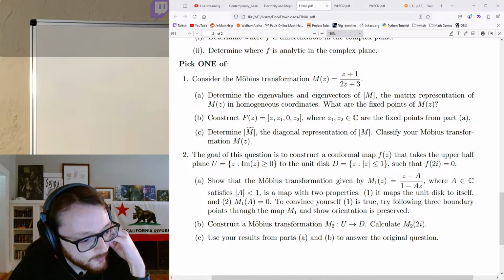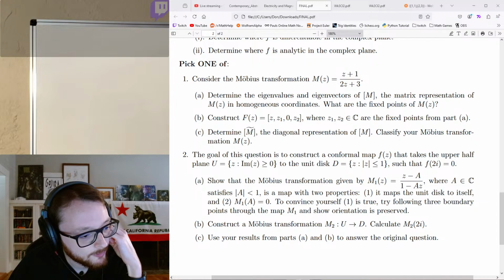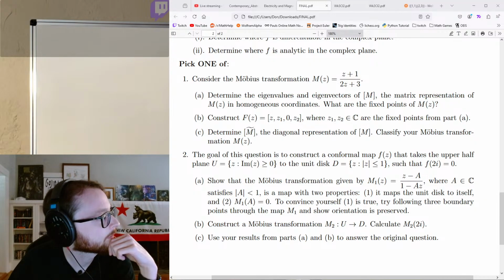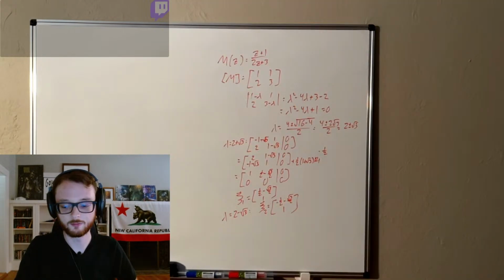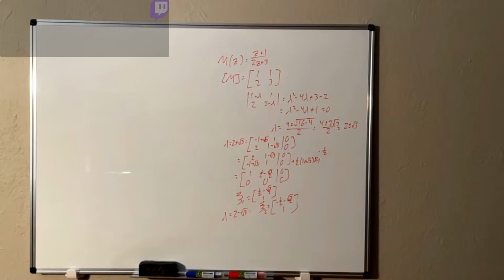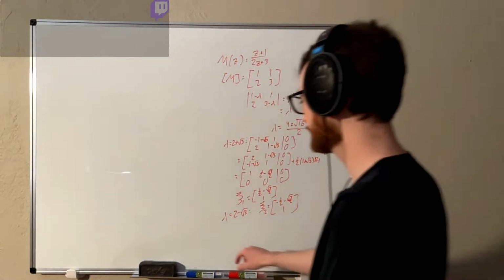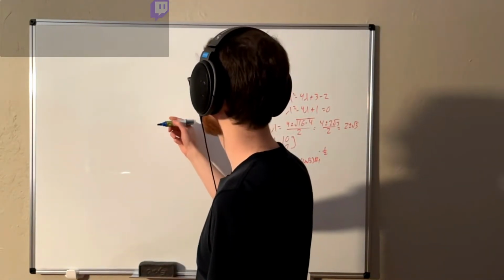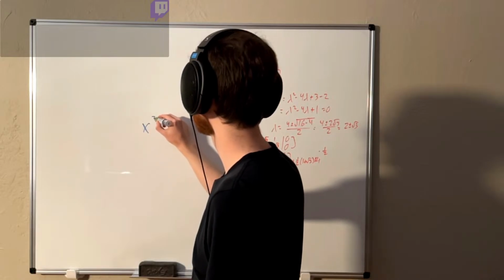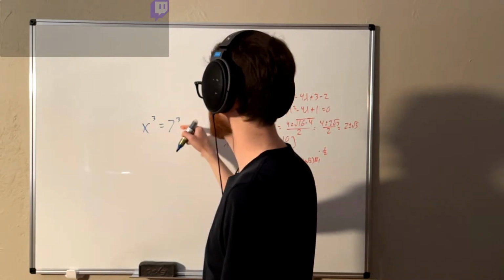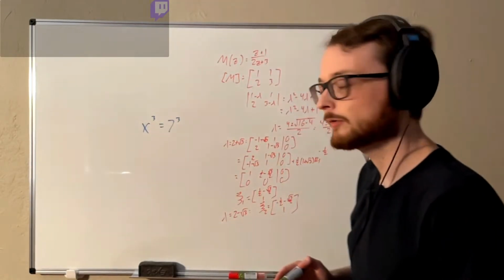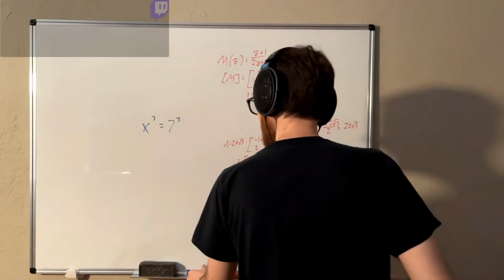Find all solutions to x cubed equals 7 cubed. Am I reading that right? I can copy it onto the board. Like this, all solutions of x for x to the 3 equals 7 to the power of 3.